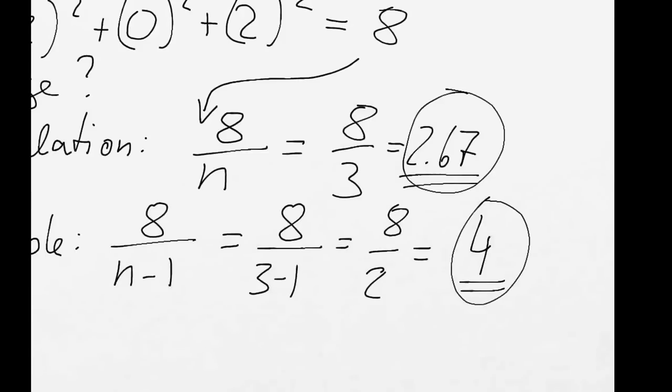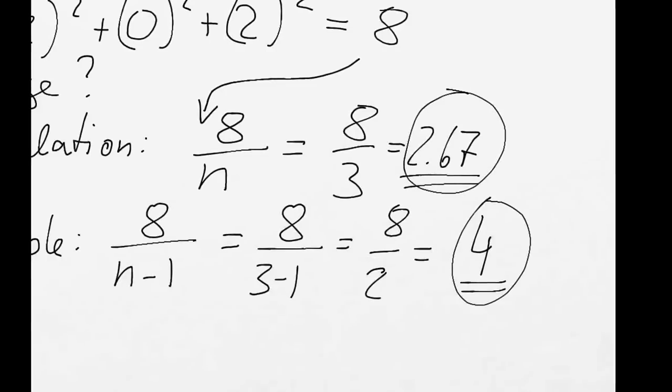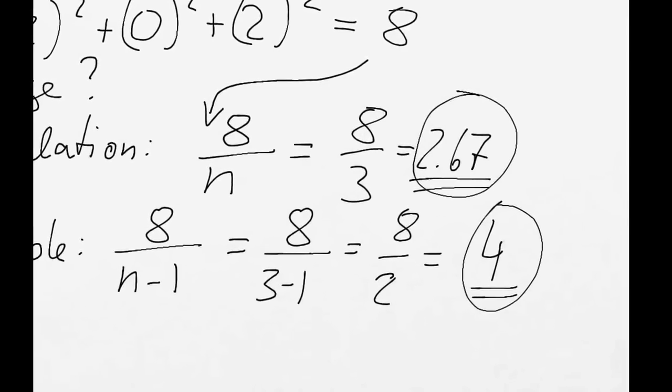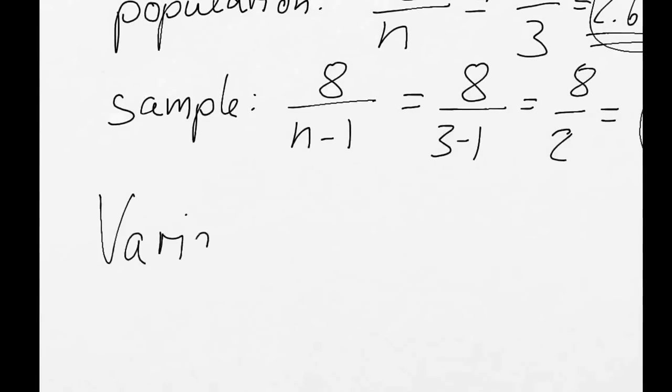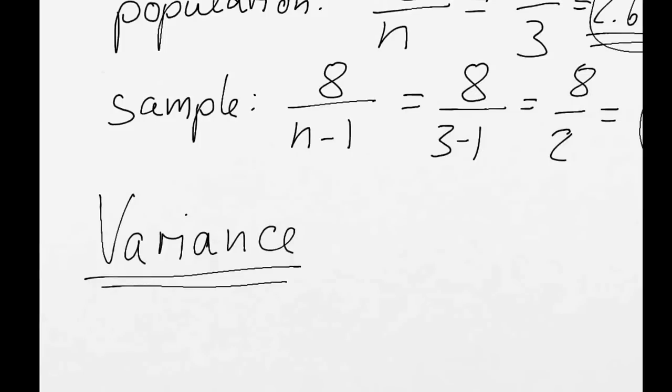Now this thing, what we have done here, has a name. This is called actually the variance. So we can have the variance of a population or of a sample. And the variance for the sample will always be bigger than the variance for the population.